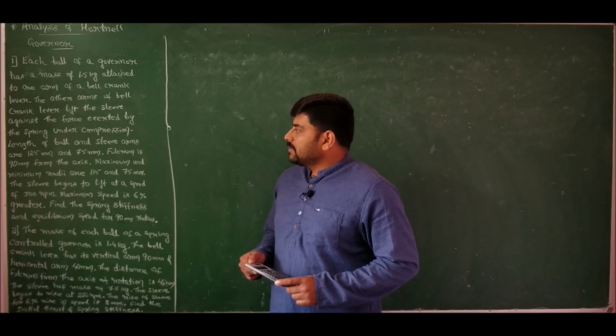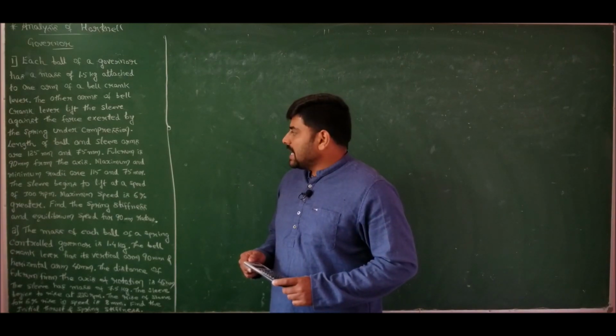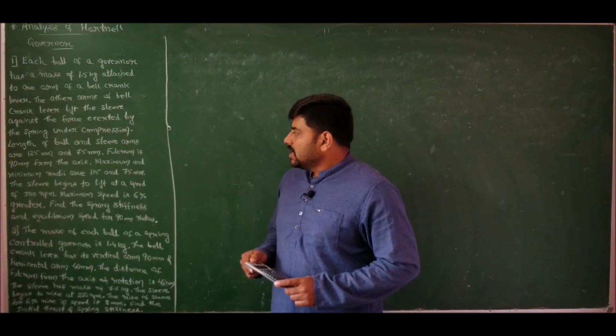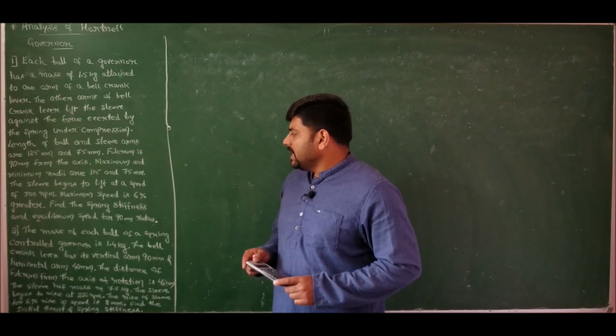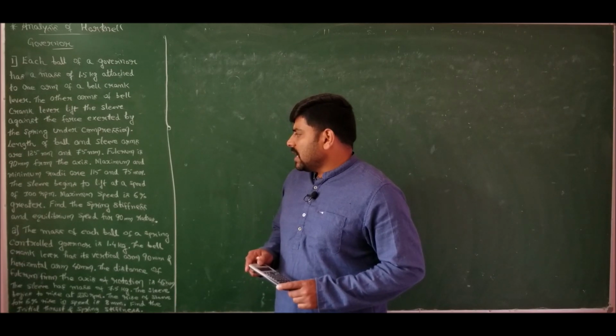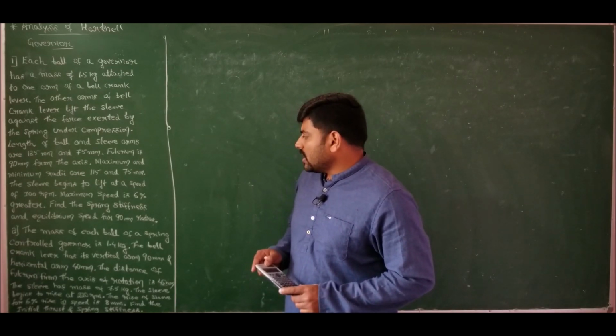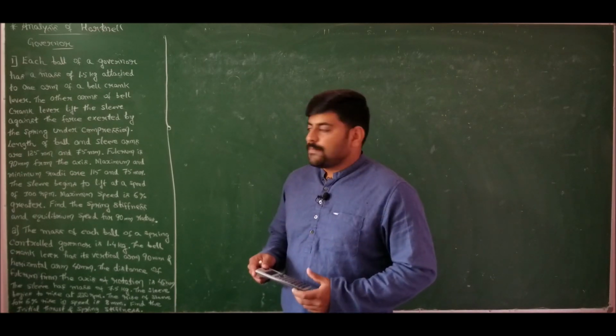Fulcrum is 90 mm from the axis. Maximum and minimum radii are 115 and 75 mm. The sleeve begins to lift at a speed of 300 rpm. Maximum speed is 6% greater. Find the spring stiffness and equilibrium speed for 90 mm radius.